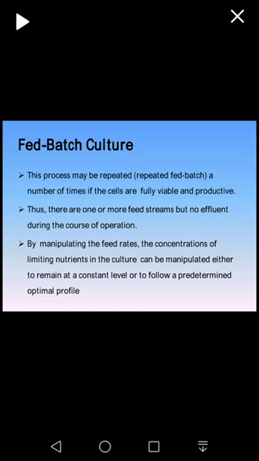So in that case, you can identify which nutrients are solely responsible for the maximum production of the product, and as a result, when you can identify those limiting nutrients which are very crucial for the production of the product, then you can add those limiting nutrients at a constant level, like continuously, so that the maximum concentration of those nutrients is always present within the fermentation tank, so that the maximum product can be taken from the fed batch culture.